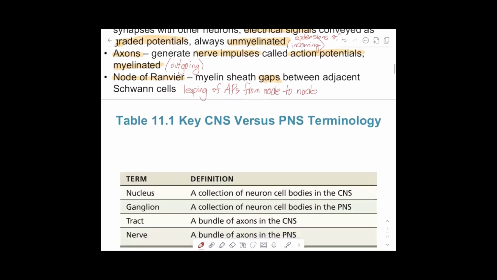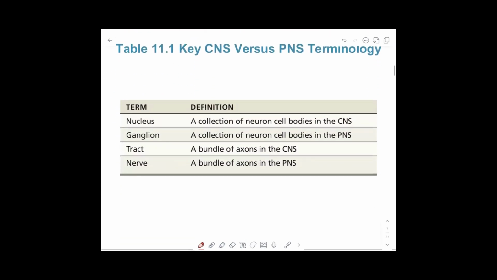Our next slide is going to have a very important chart, which basically compares items in the central nervous system versus the peripheral nervous system. When we talk about collections of cell bodies, we call them nuclei in the central nervous system.